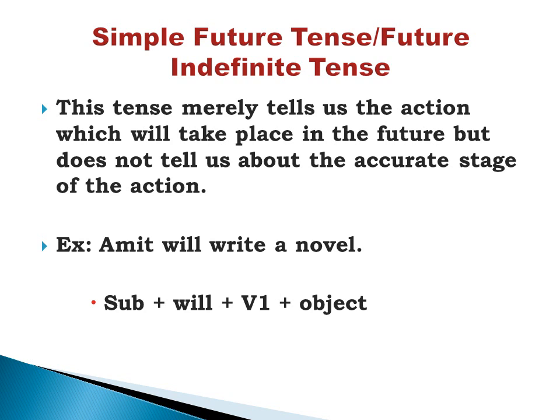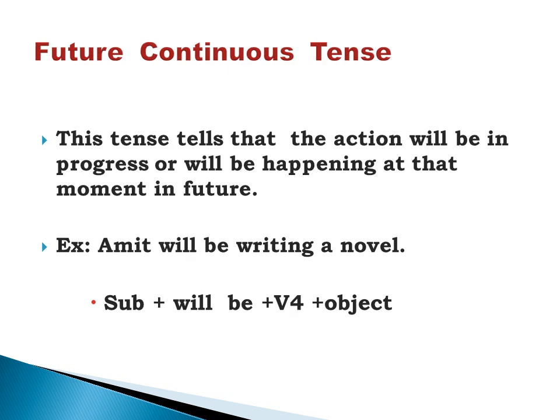The formula: subject, will, a modal, which is the indicator of the future tense. It must be used because we are expressing future, and the V1 form of the verb and then the object. Future continuous tense.